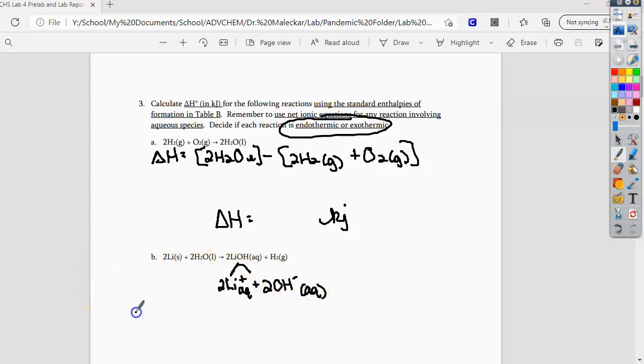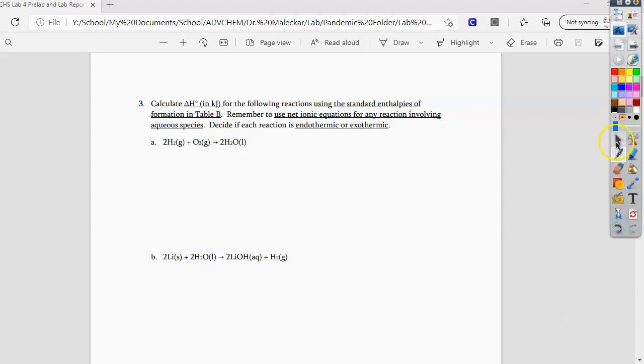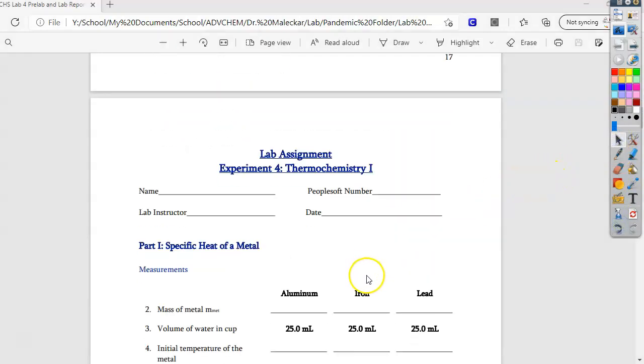So again, you'll write out your whole delta H, put all your products, put all your reactants, and then you'll write it again with your values, and then you'll show your answer in kilojoules, and then you'll have to say endo or exo. Make sure you show all your work. Some of you just buzz through this and you lose easy points.